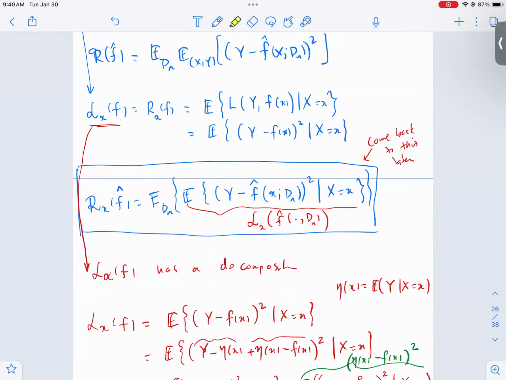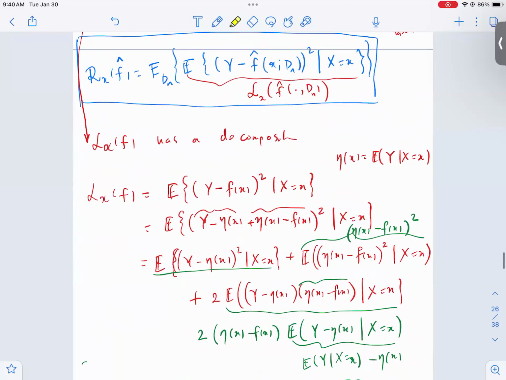analyzing something like this. If I take the expectation over the training data of this squared loss, it reduces further to the prediction error.